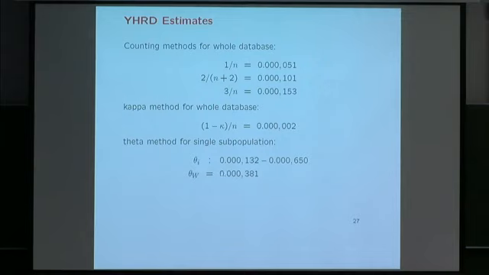But this applies to the small subpopulations, whereas these apply to the whole population. Here are the range of values for the YHRD five continental ancestries. They range over a reasonably wide range. I think that's all I needed to say.